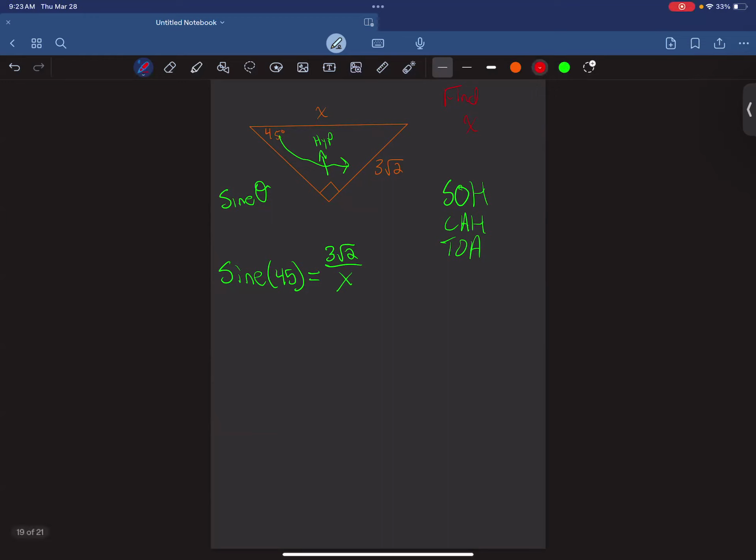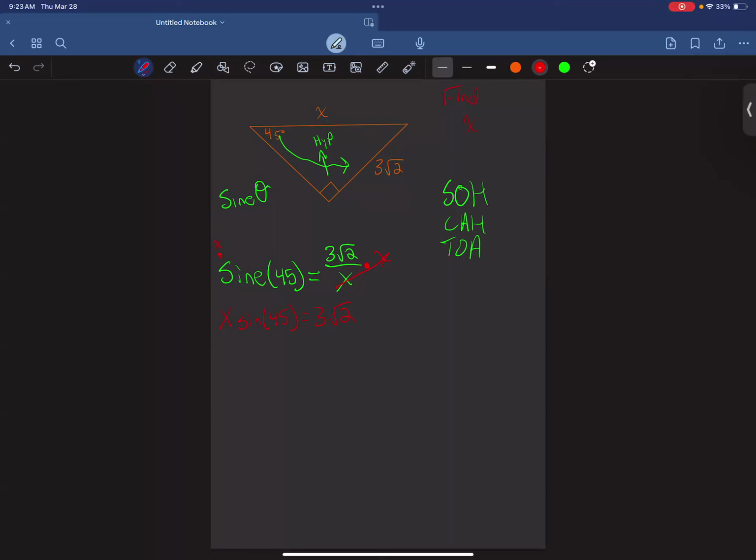If 3 times square root of 2 is being divided by x, the opposite of division is multiplication. So I can multiply by x, and that gets rid of those here. What I do to one side of the equal sign, I have to do to the other. So times x. This now becomes x sine 45 equals 3 square root of 2.